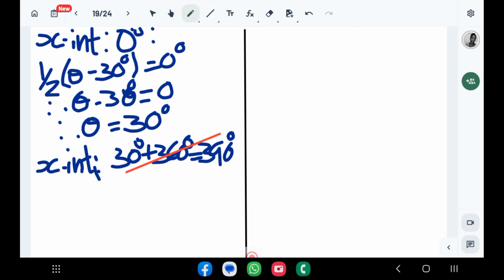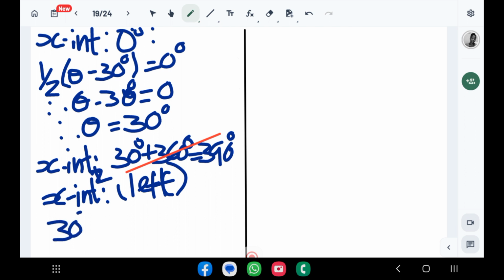X-intercept 3, left. That will be 30 degrees minus 360 degrees, which is equal to negative 330. This one is in range, so it works perfectly fine.